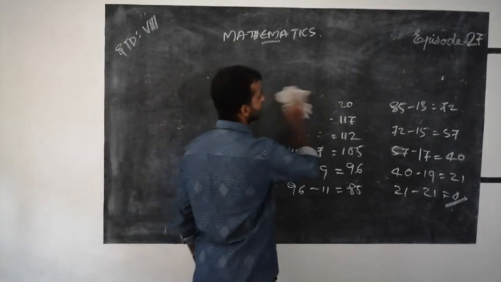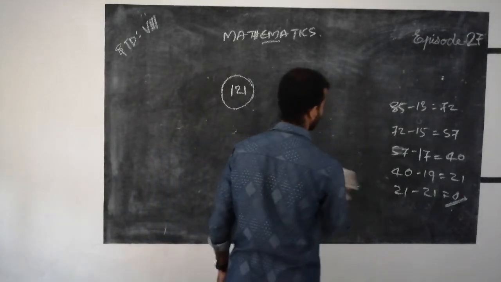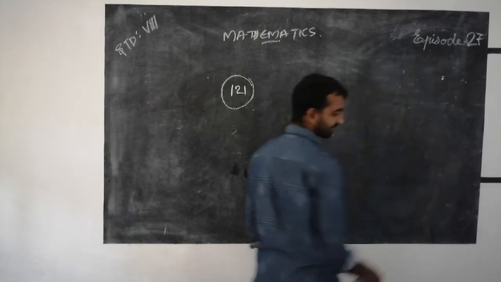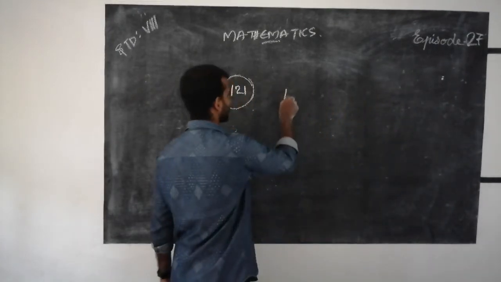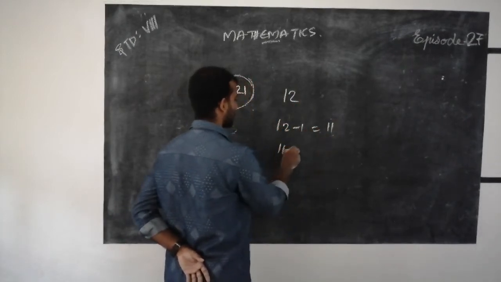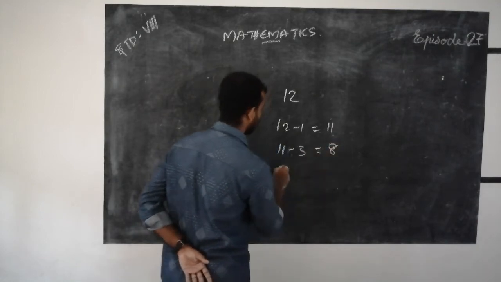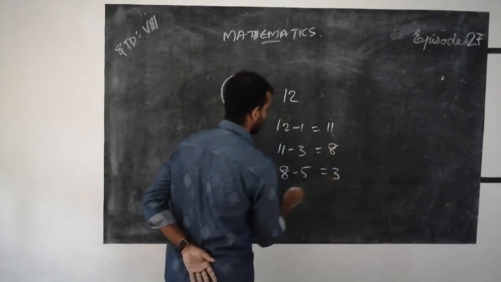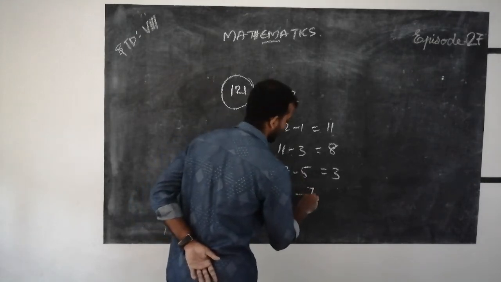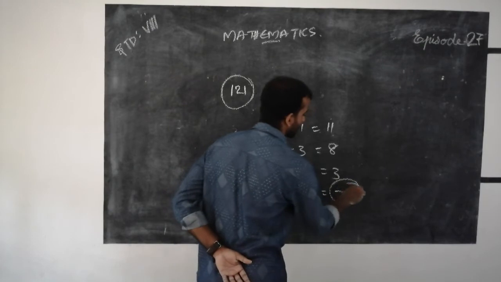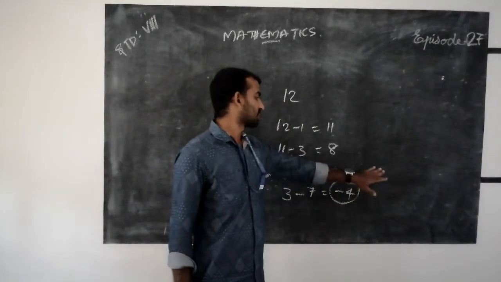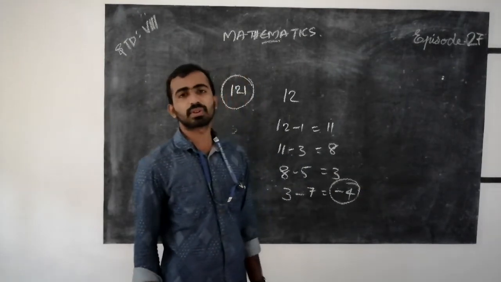We can check like this: 12 minus 1 we get 11, 11 minus 3 we get 8, 8 minus 5 we get 3, 3 minus 7 we get -4. This is not equal to 0. So 12 is not a perfect square.